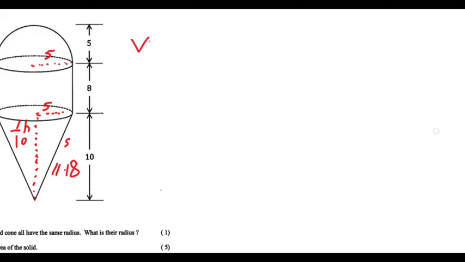So the volume of the original cone is 1/3 πr²h, and they already give that this volume is equal to 50 centimeter cube.